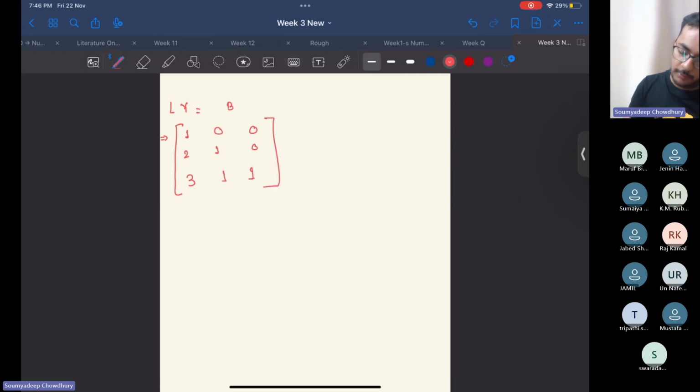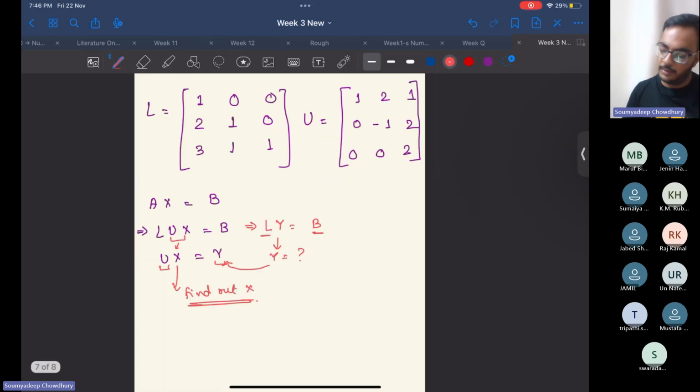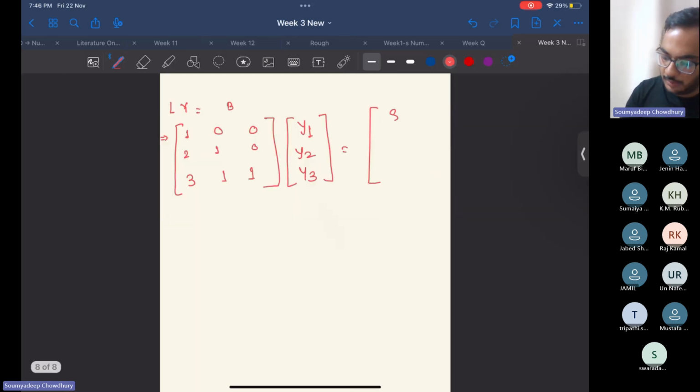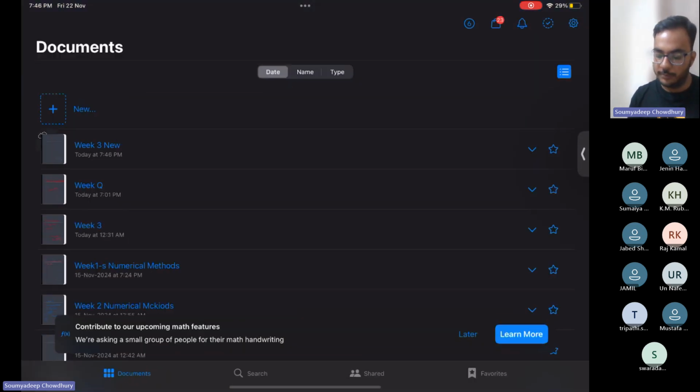We need to find out Y, which is Y1, Y2, Y3, equals B. B is the RHS matrix: 8, 20, 34. So you can find out Y from here, which is basically L inverse into B.